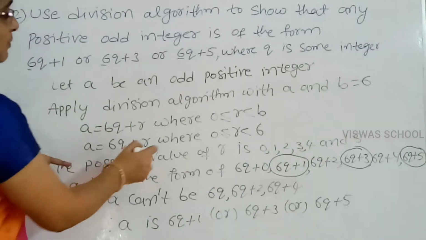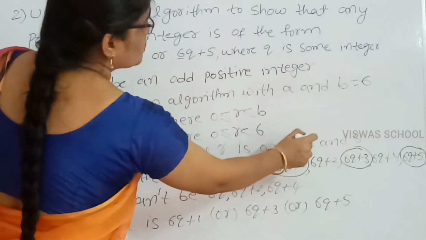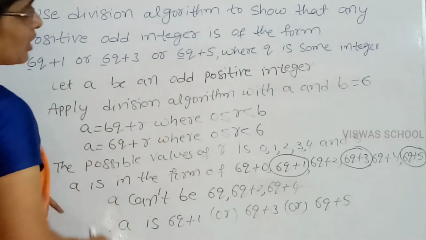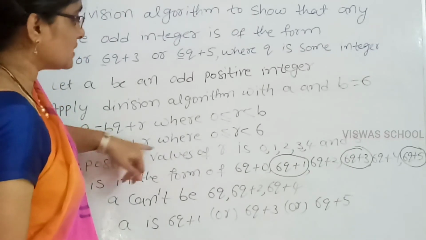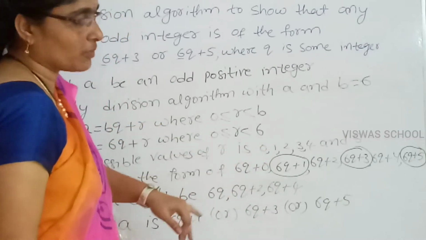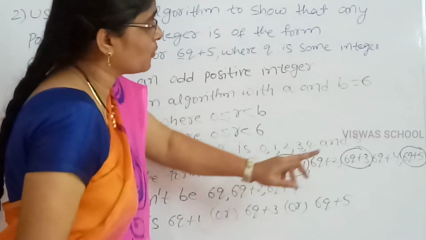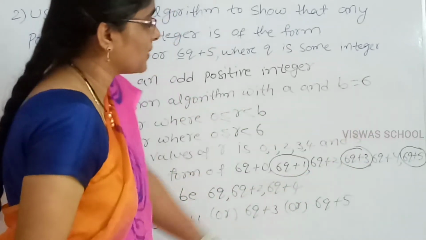That is the possible values of r are 0, 1, 2, 3, 4 and 5. That is a is in the form of 6q plus r: 6q plus 0, 6q plus 1, 6q plus 2, 6q plus 3, 6q plus 4 and 6q plus 5.